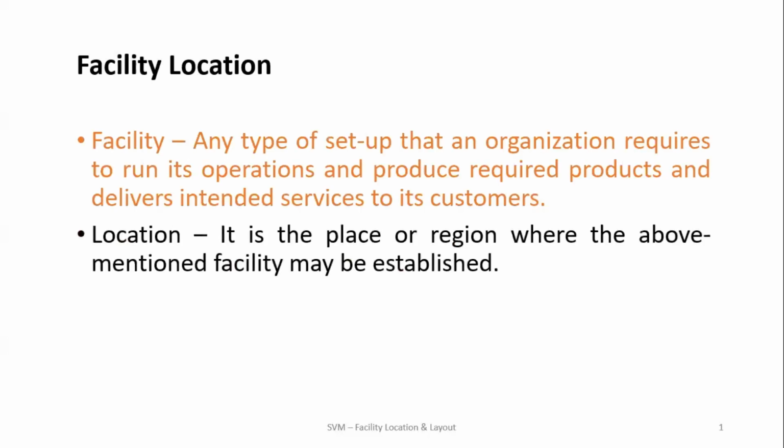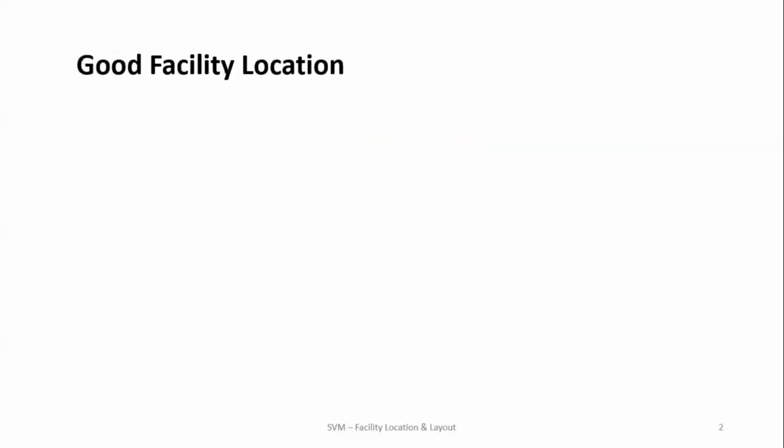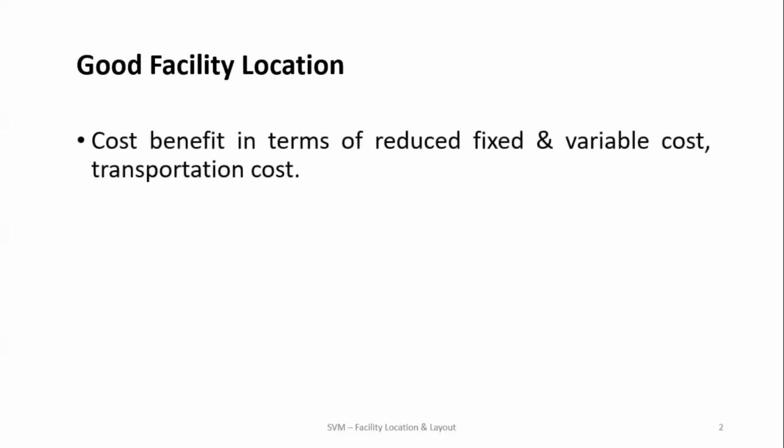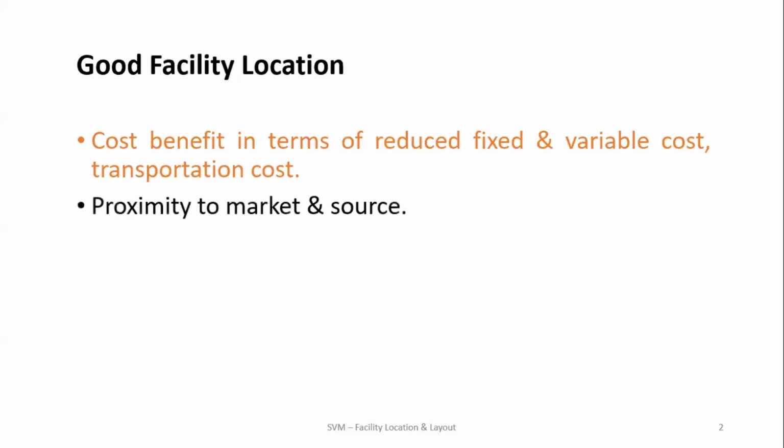Location. So where that particular facility is being set up. It is the place or region where the above mentioned facility may be established. That is facility location. So what are some of the things we look into to have a good facility location? One is the cost benefit in terms of reduced fixed as well as variable cost, and also the transportation cost.